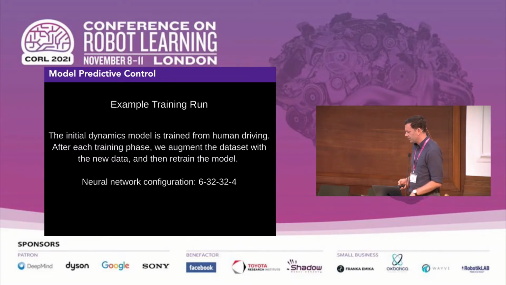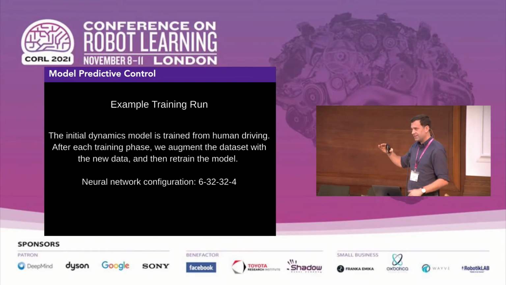So I want to show you some results from this. This follows exactly what I said. The initial dynamics model is trained from human driving. We just collect this data set of teleoperated data. That's used to train the dynamics model. That's handed to the MPC algorithm.